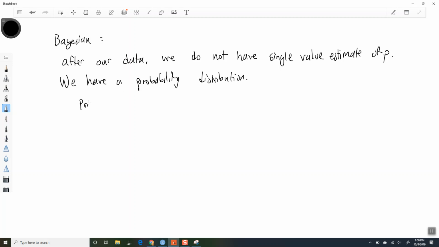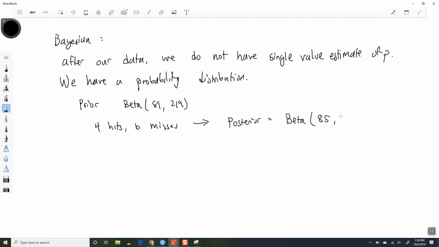So if our prior is beta 81, 219, and we have 4 hits, 6 misses, then our posterior is going to be beta 85, 225, okay? So that's what we have.